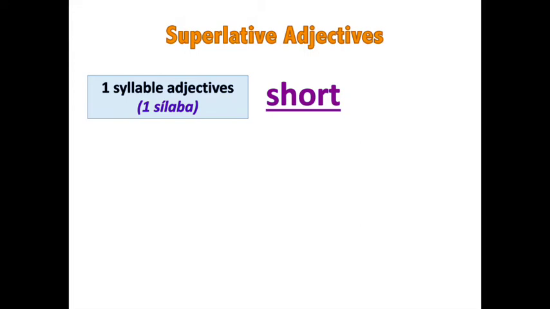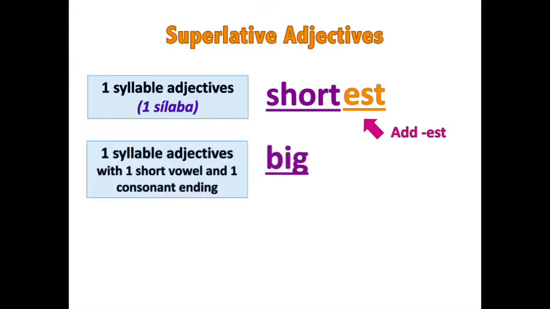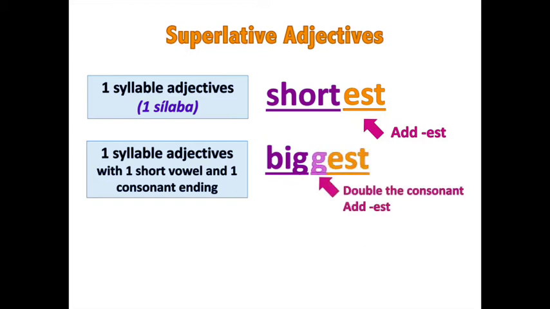For regular one-syllable adjectives, you add est. For one-syllable adjectives with one short vowel and one consonant at the end, you double the consonant and add est.